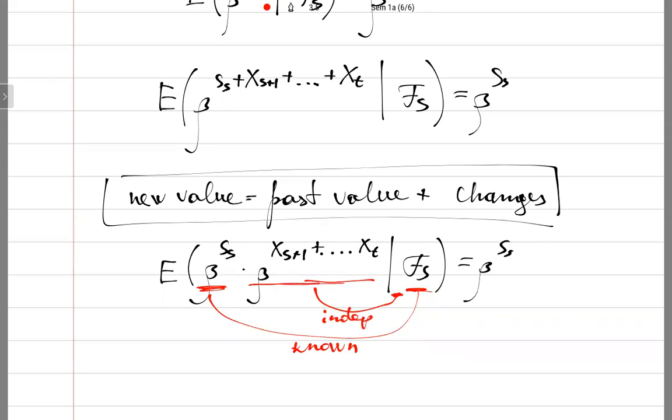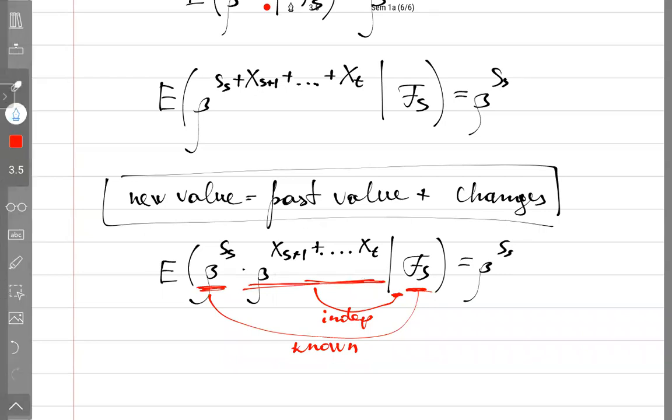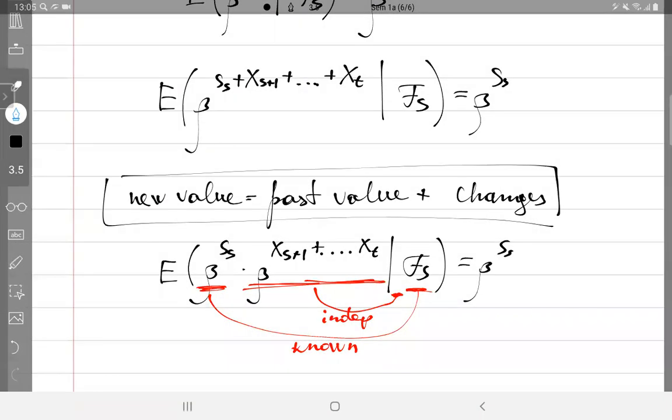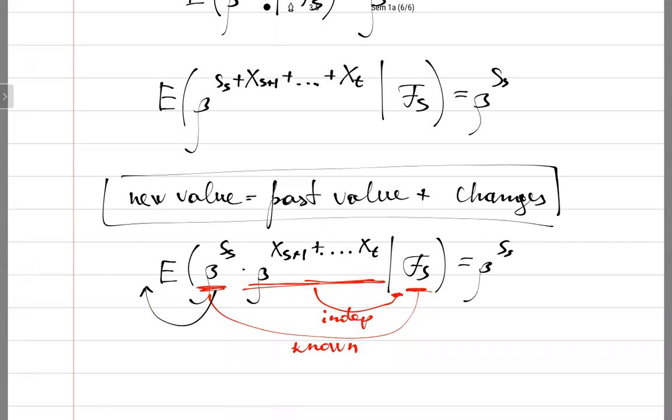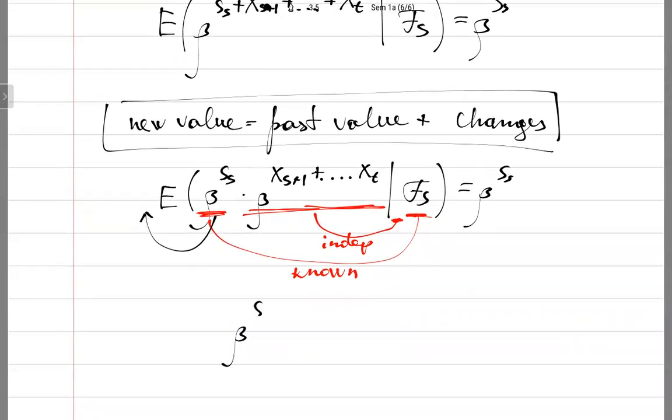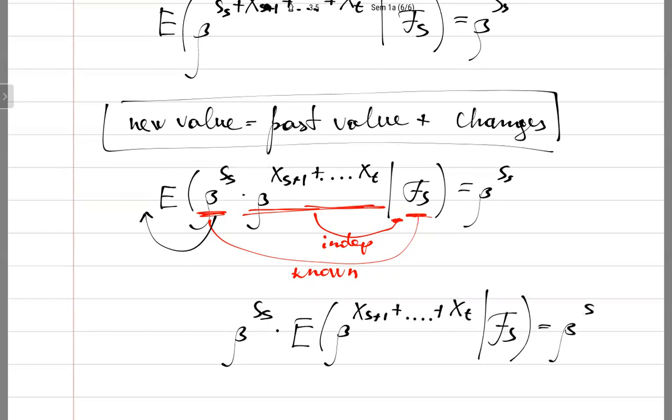So I see there are two parts in my random variable. One is completely predictable, and the other one I have no idea about. So I will take out the known part. We have described the corresponding property of conditional expected value: we can take out of the conditional expected value what is known. It will be beta to the power S_s multiplied by the expected value of beta to the power of the changes, given F_s.